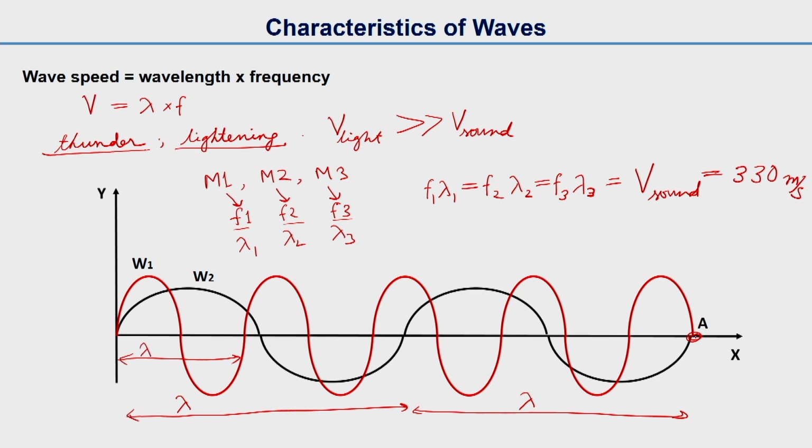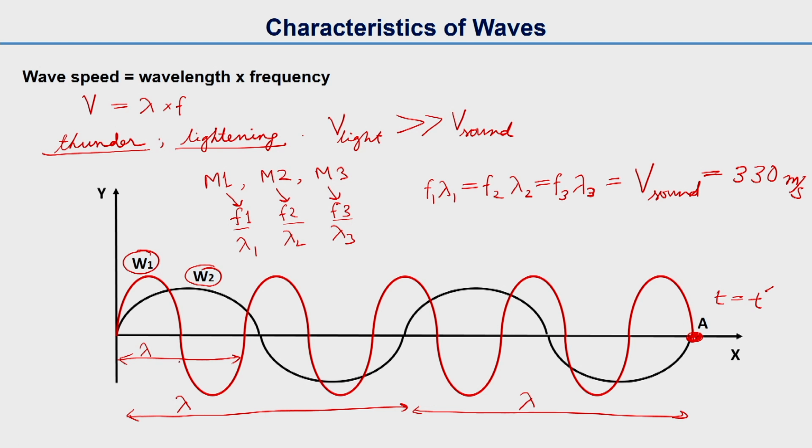Let's assume that both the waves, we call them W1 and W2, reach that point A at the same time, t equal to t prime.